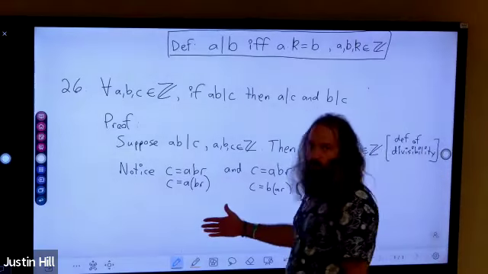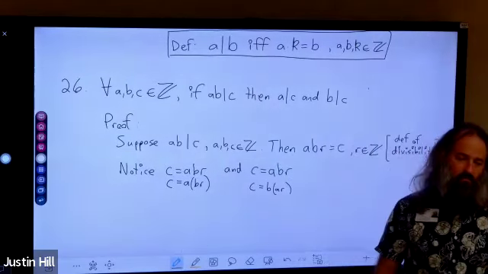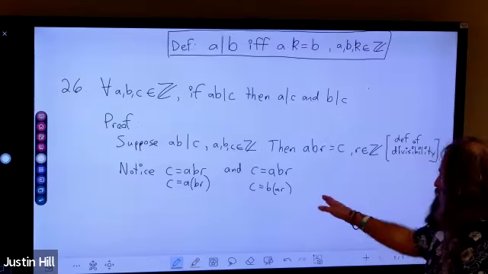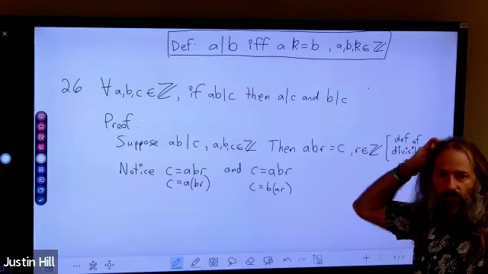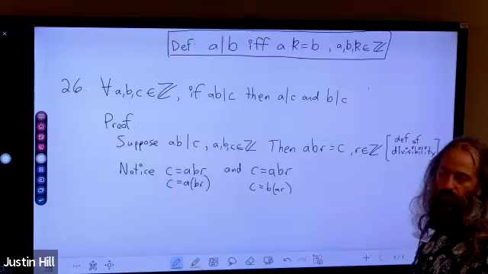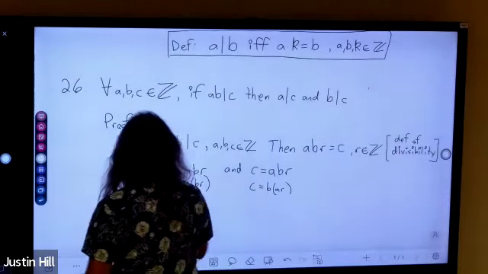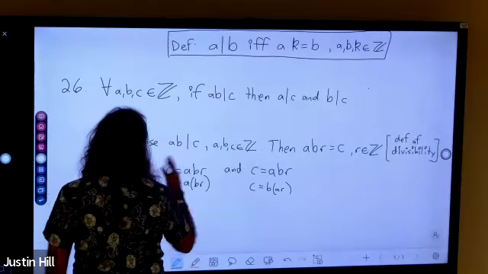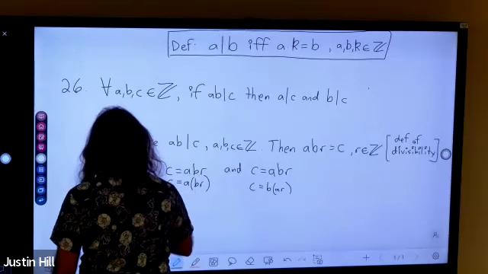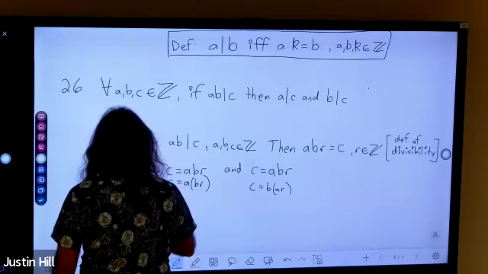So then what would I say? What do I need to say again about BR and AR to finish off my definition of divisibility in both cases? Good, so I need to say that they're integers. Then I might just say something like this.